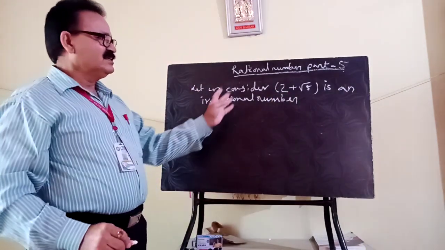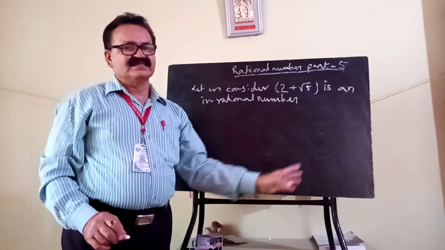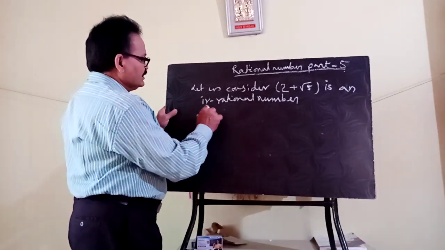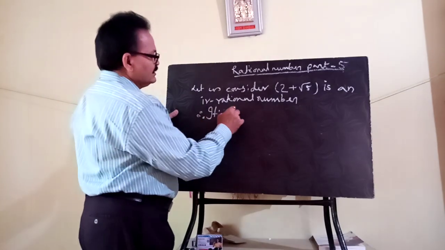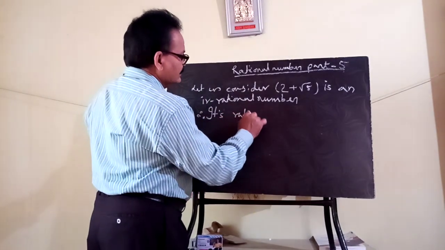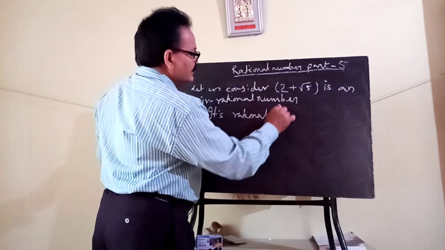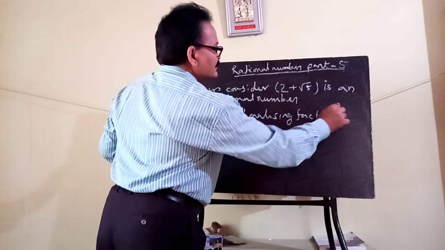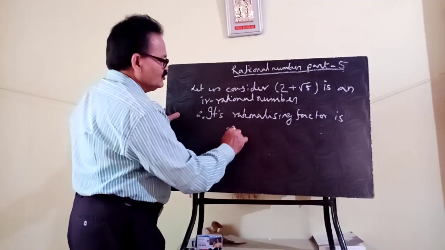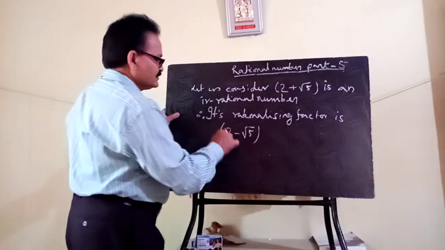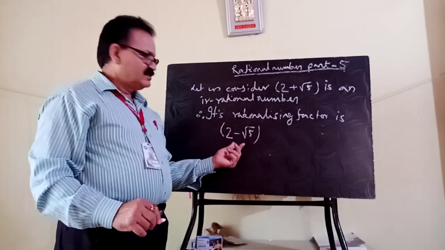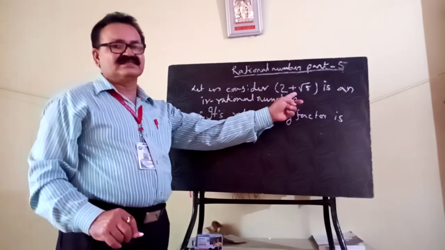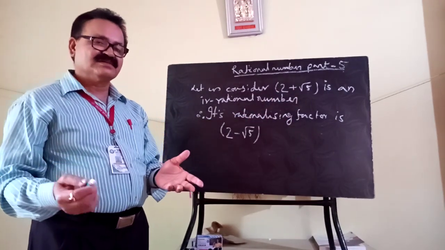Therefore its rationalizing factor is 2 minus root 5. Why is this the rationalizing factor? Because when this factor is multiplied with the given irrational number, you will get a rational number.